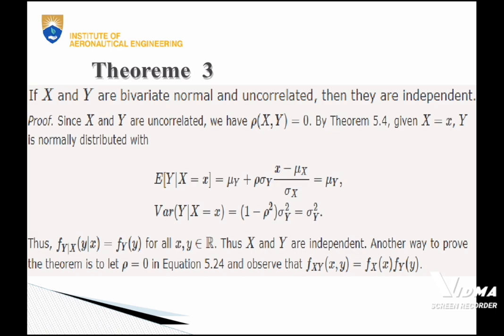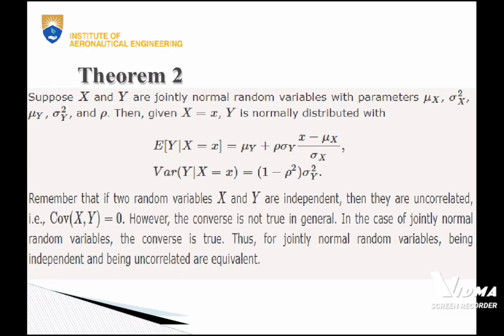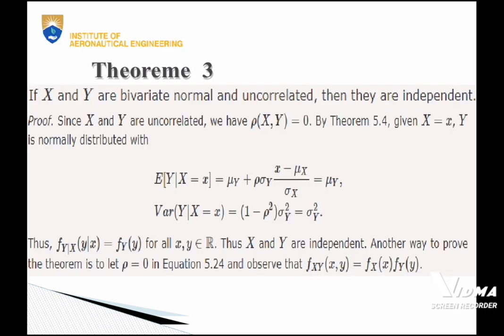Proof. Since X and Y are uncorrelated, we have rho(X, Y) = 0. By Theorem 5.4, given X = x, Y is normally distributed with E[Y | X = x] = mu_Y + rho sigma_Y (x - mu_X) / sigma_X = mu_Y, and Var(Y | X = x) = (1 - rho squared) sigma_Y squared = sigma_Y squared. Thus f_{Y|X}(y | x) = f_Y(y) for all x and y, so X and Y are independent.